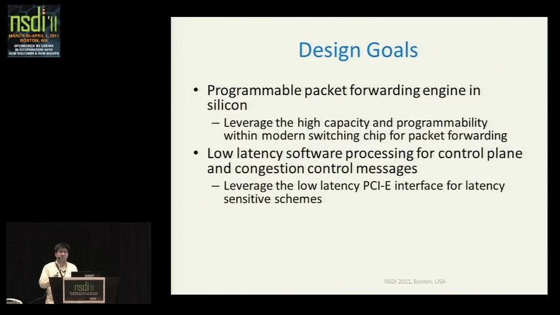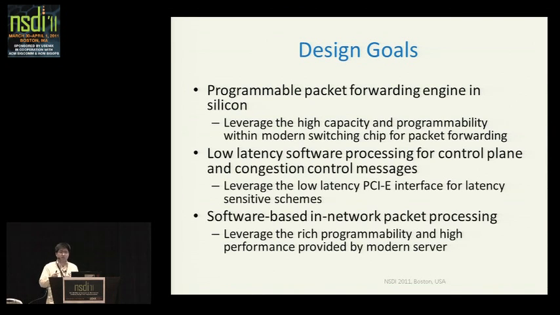Since PCI-E provides very low latency between the CPU and its peripheral devices, we would like to go a step further, letting the CPU generate and process latency-sensitive messages such as congestion notifications in QCN and congestion control.